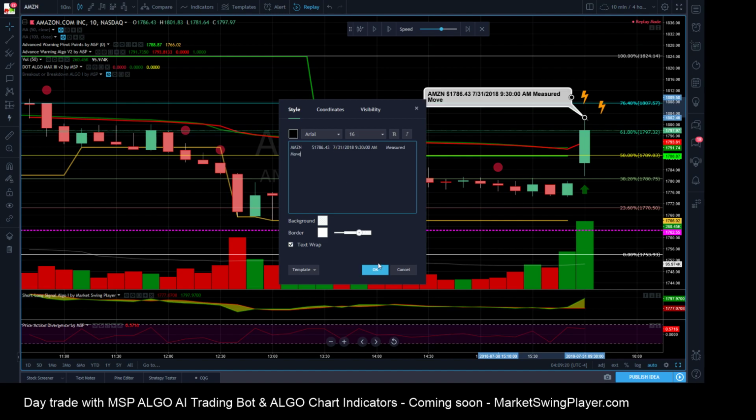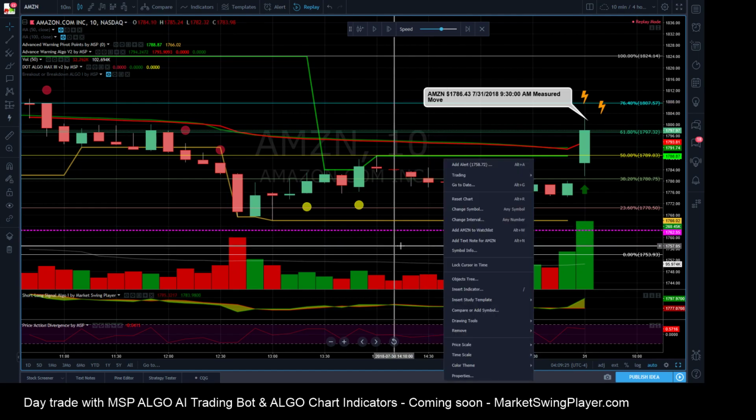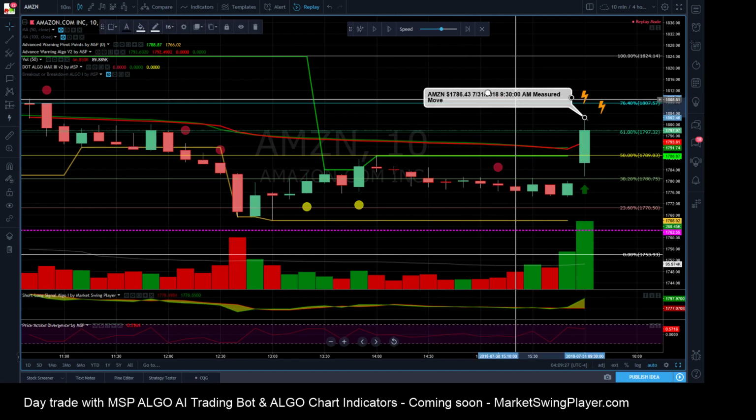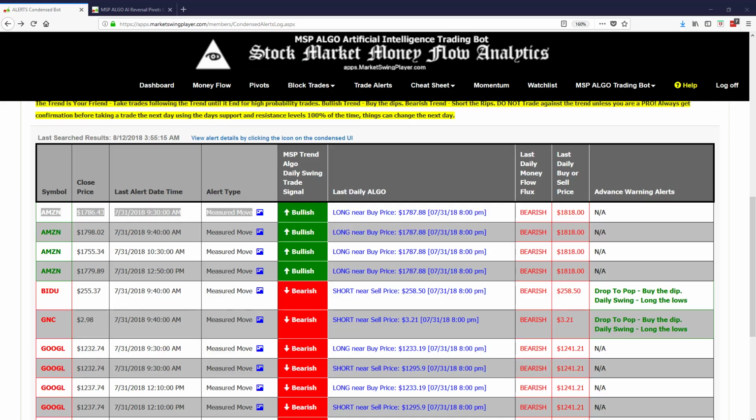There go our measured move alerts we just looked at in the application, MSP ALGO Artificial Intelligence Trading Bot. So that was the log that we looked at. We could see the measured move alerts on the log, or while we're watching the application, we could see the measured move alerts in the application.